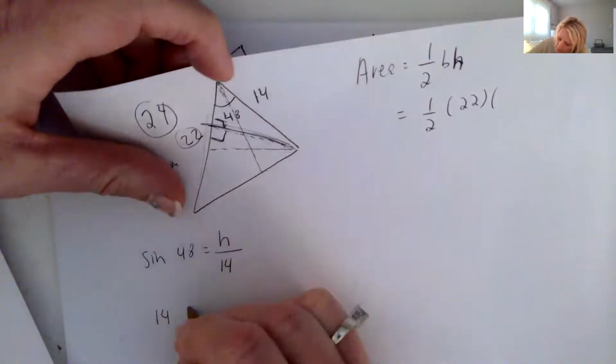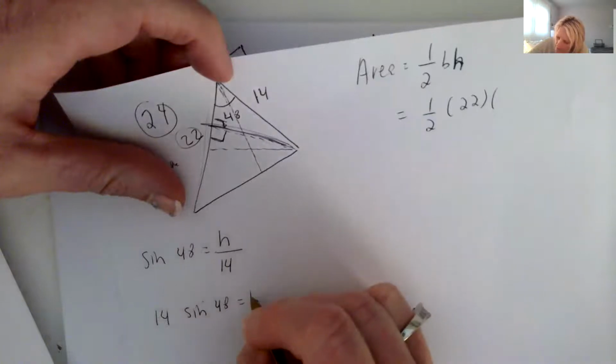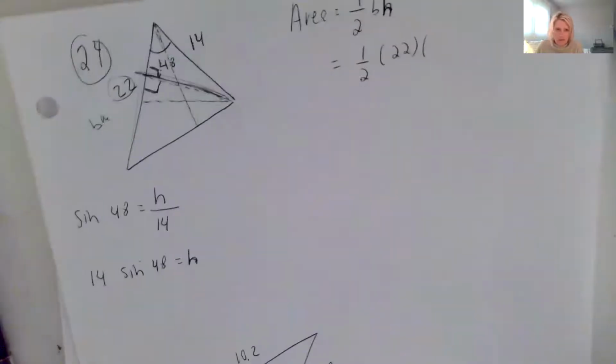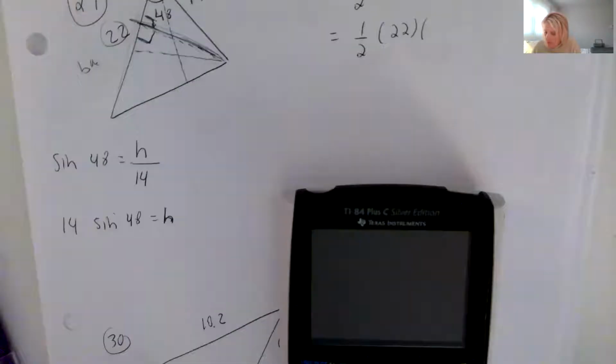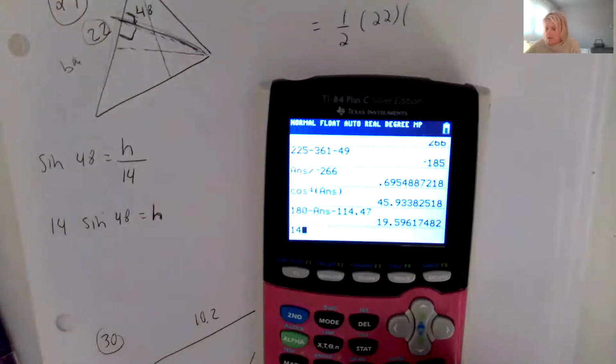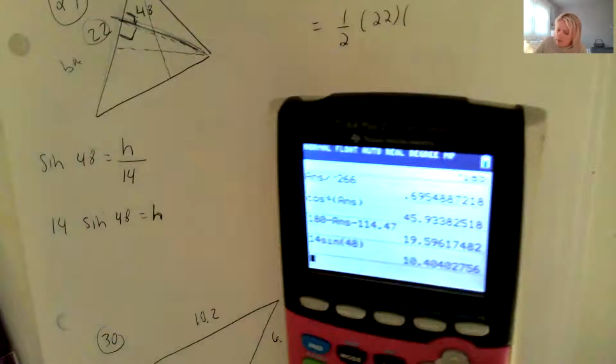So 14 times the sine of 48 equals the height. So that side is going to be 10.4.